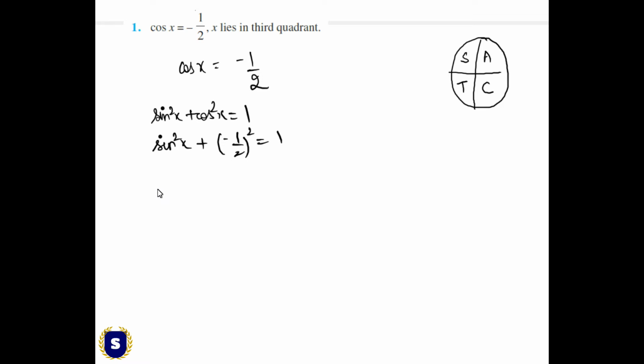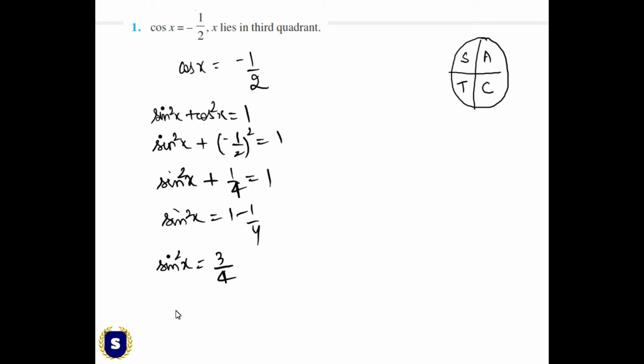So sine square x plus 1 by 4 is equal to 1, and sine square x is equal to 1 minus 1 by 4. Taking LCM we will get the value 3 by 4, and hence sine x is equal to plus minus root 3 by 2.